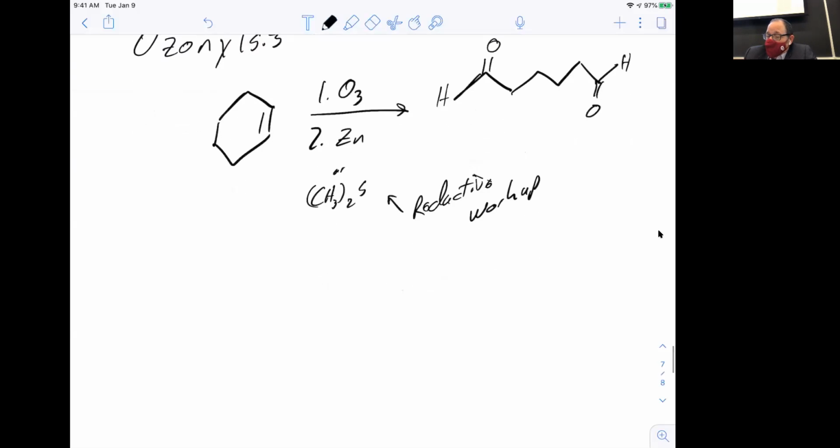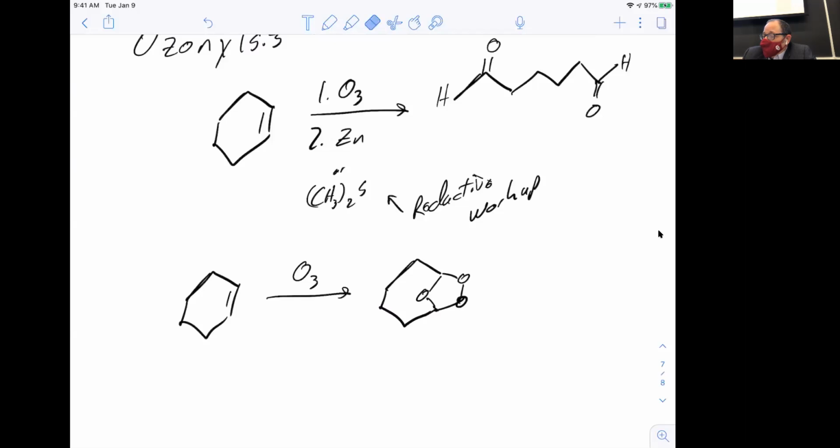What's happening here is that we're going through and forming, and I'm not going to show the mechanism, this ozonide.